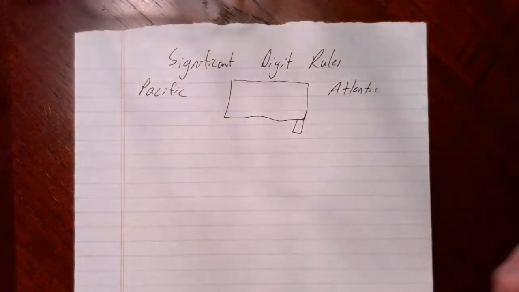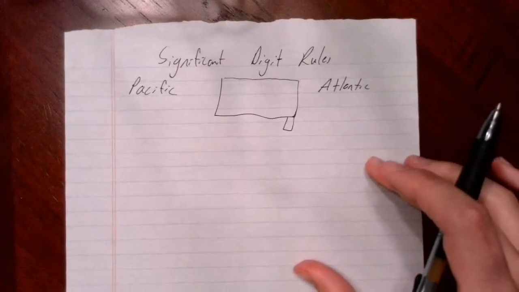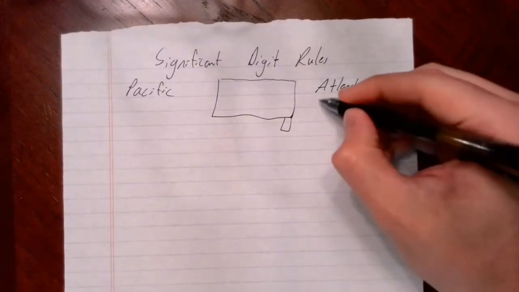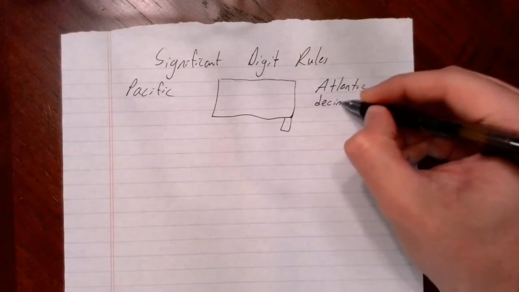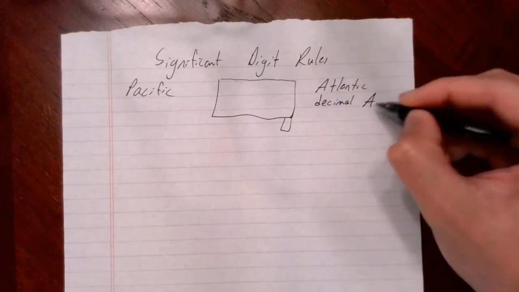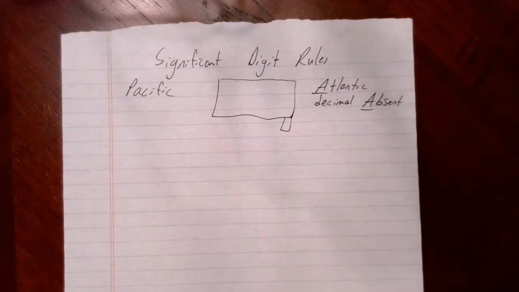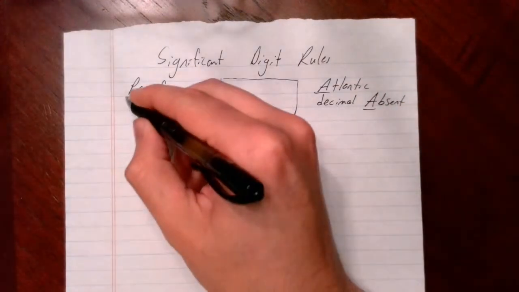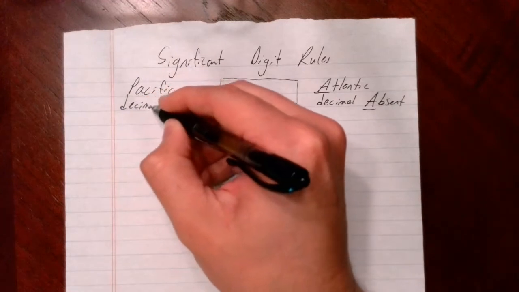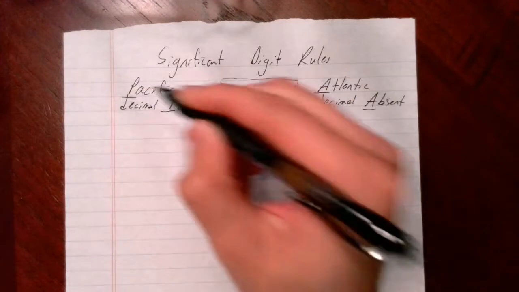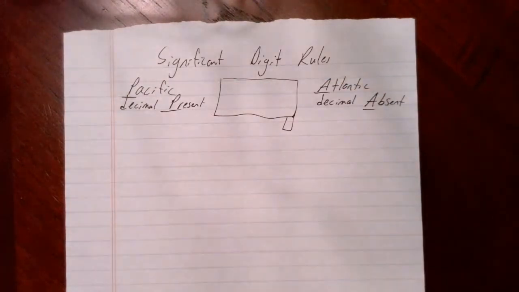If you didn't know that, at least you learned one thing today. So the Atlantic side corresponds to a decimal being absent. Atlantic, absent. The Pacific side corresponds to a decimal being present. Present, Pacific.